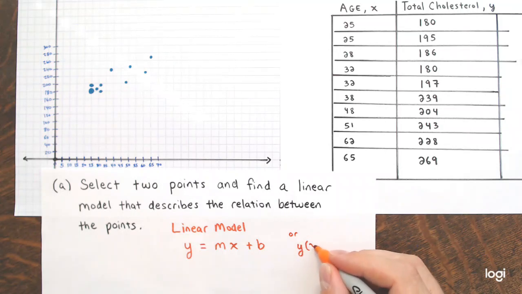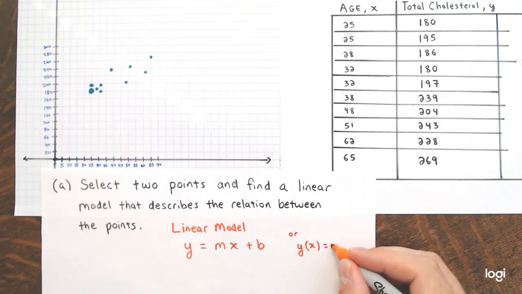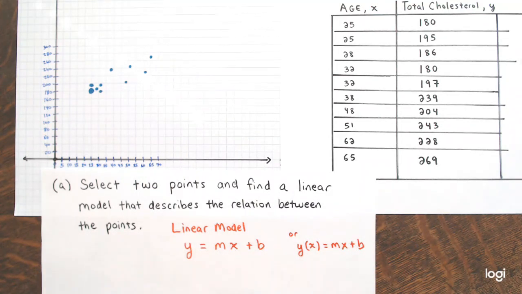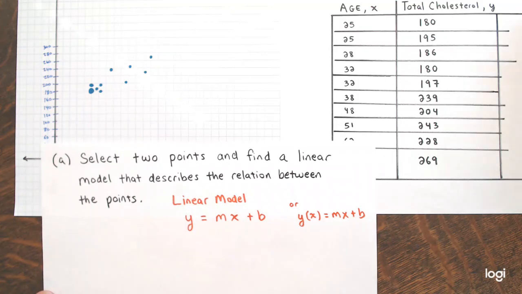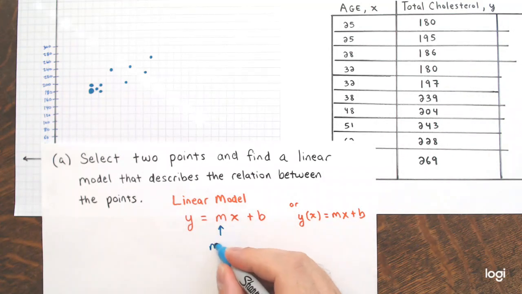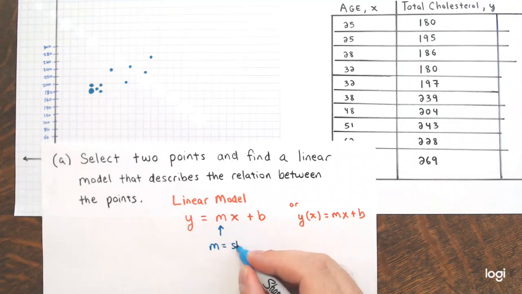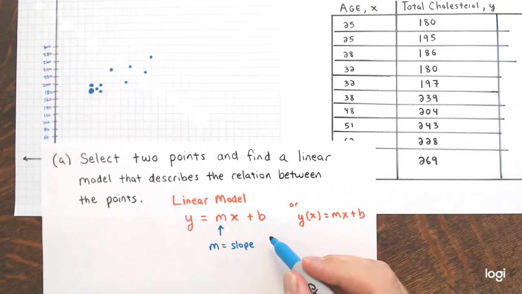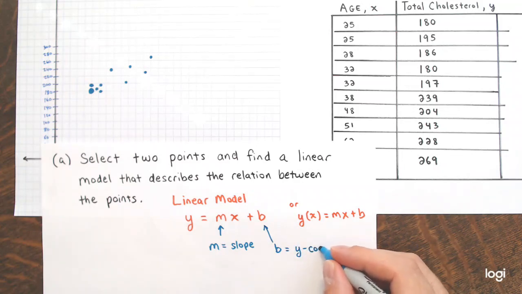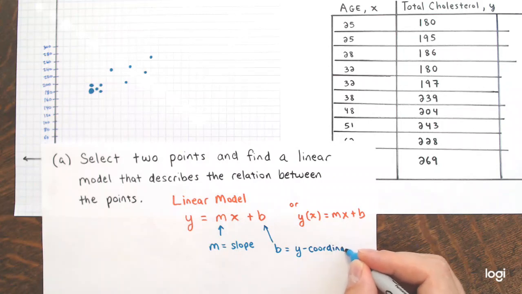The value of y at x equals some m times x plus some b, where these letters meant something. The letter m represented the slope of the line, and the letter b represented the y coordinate of the y-intercept.